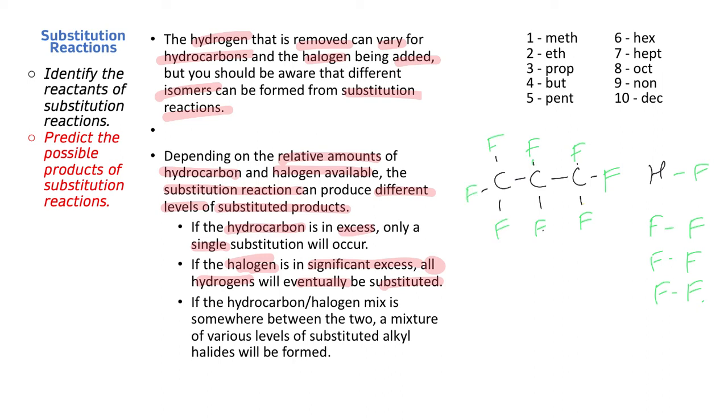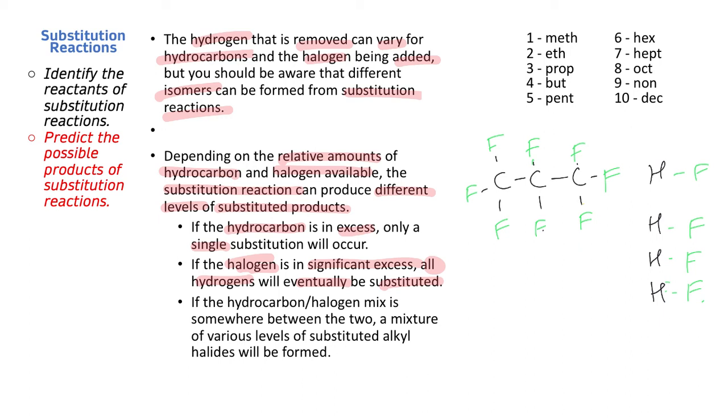Just remember that when you have the halogen remaining, you never react both fluorines with the hydrocarbon. Only one of the fluorines is going to react with the hydrocarbon and be substituted.